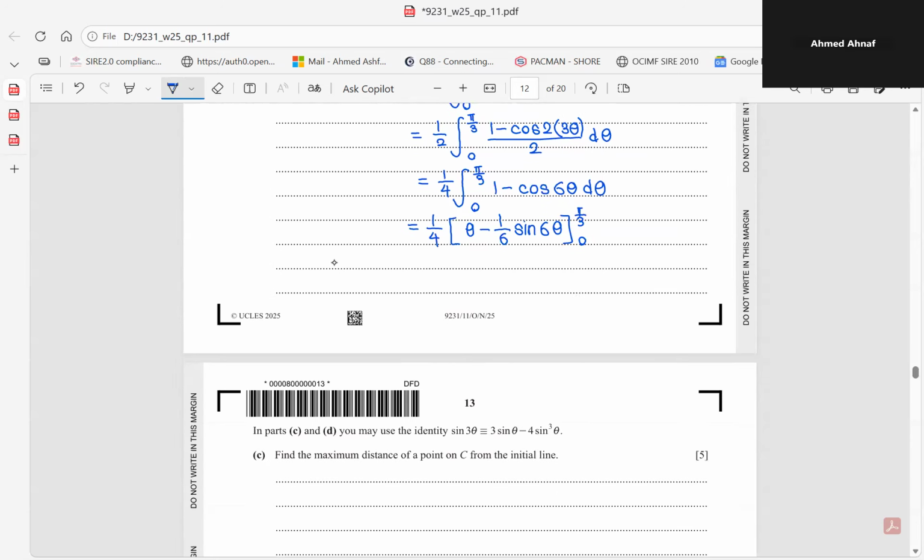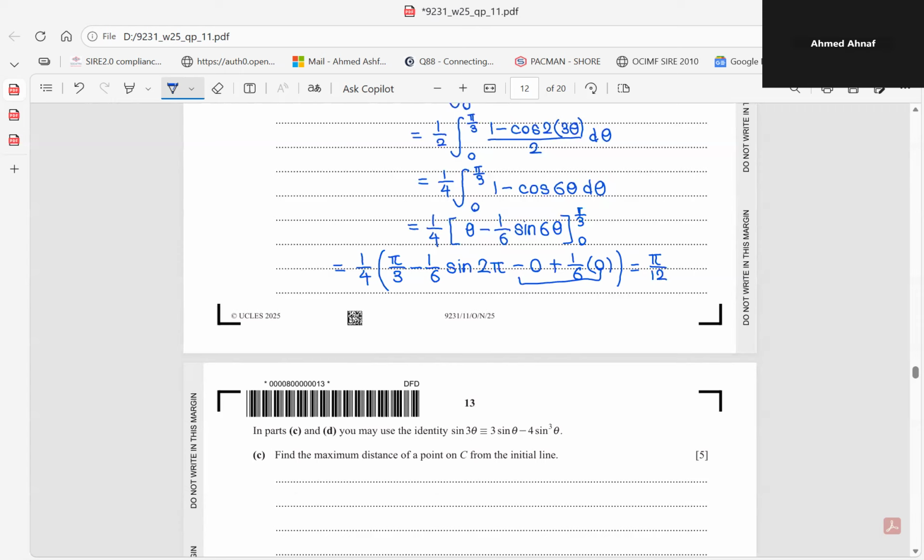So with the limits, we'll get 1 over 4 times pi over 3 minus 1 over 6 sine 6 times pi over 3. So that is 2 pi, minus 0 plus 1 over 6 sine 6 times 0. Sine 0 is also just 0, so this whole thing is just 0. So you simplify, you get pi over 12.